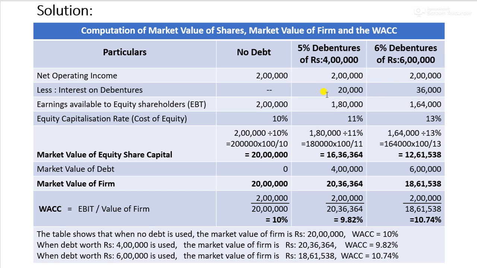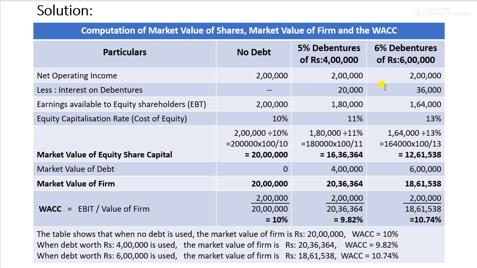Then subtract interest on debt to find earnings before tax. In the first case, there is no debt, and therefore there is no interest. But in the second case, there is debenture worth rupees 4 lakh having an interest rate of 5%, and therefore the total debenture interest is 20,000.